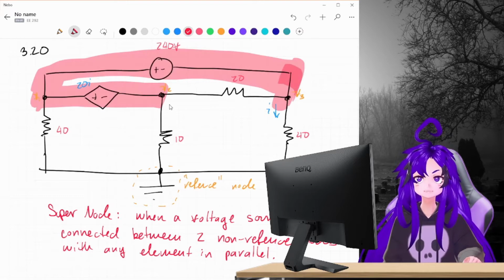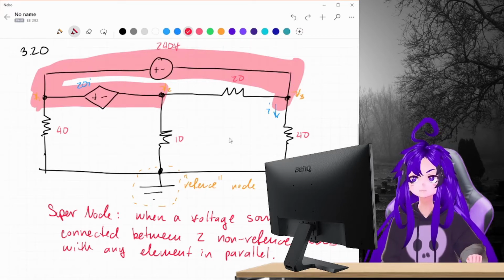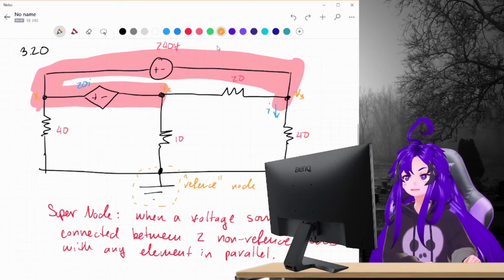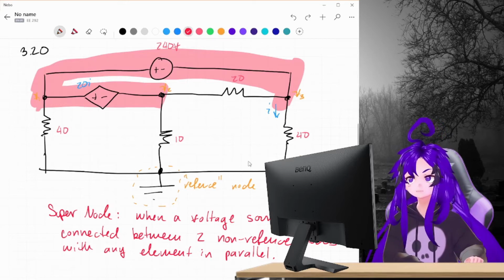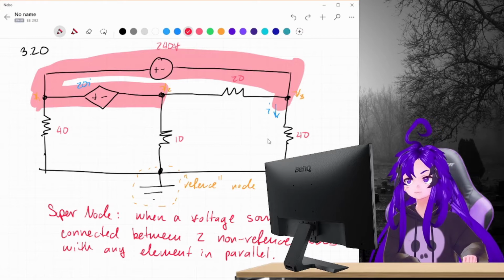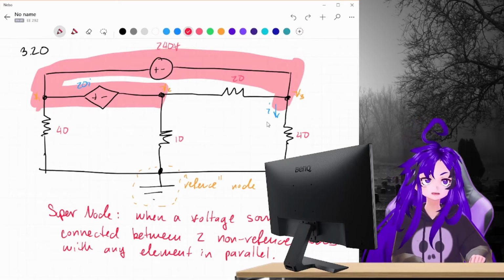And that looks ugly, but it is. I can try and redraw the circuit a little bit to drive it home, but the way we solve these, we don't need to actually redraw the circuit this time.